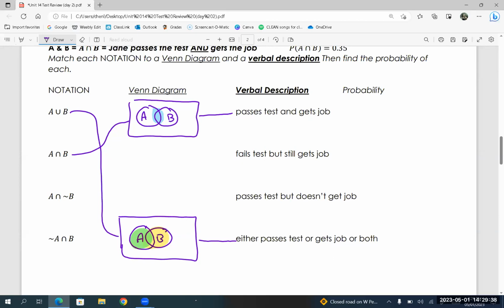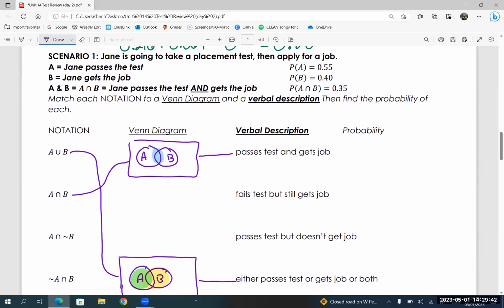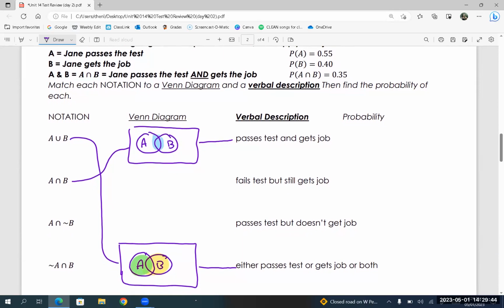Third one, we have A and not B. So event A is her passing the test. Not B would be not getting the job. So she passes the test, but doesn't get the job.